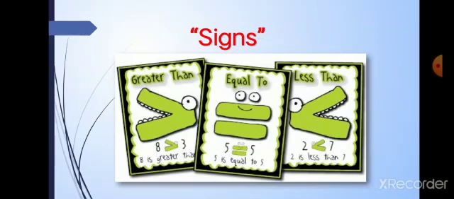Then why do we say this is less than and this is greater than? Because when the alligator face is open, when this side is open, we write the greater number here. So we can also say the alligator wants to eat the greater number. As you can see here, 8 is greater than 3. You know which is the greater number, number 3 or number 8?